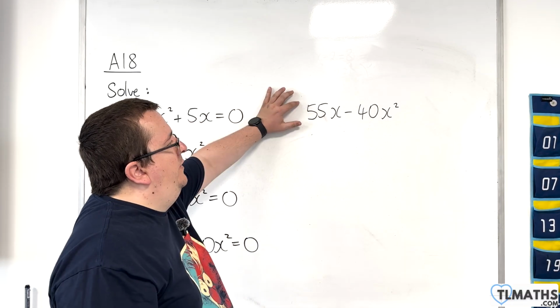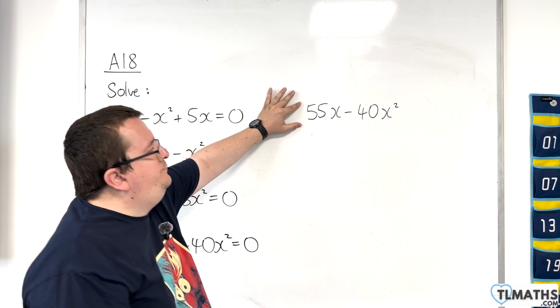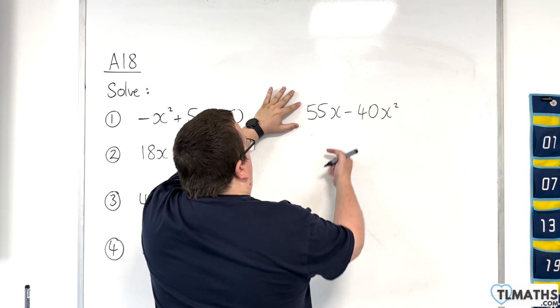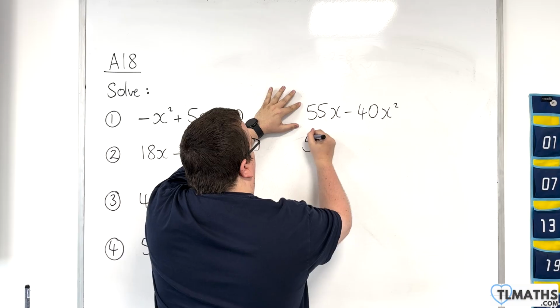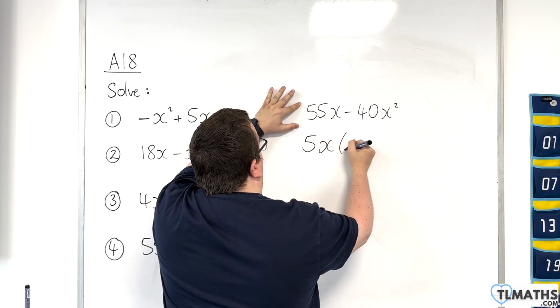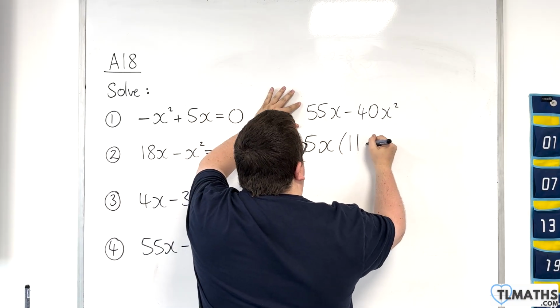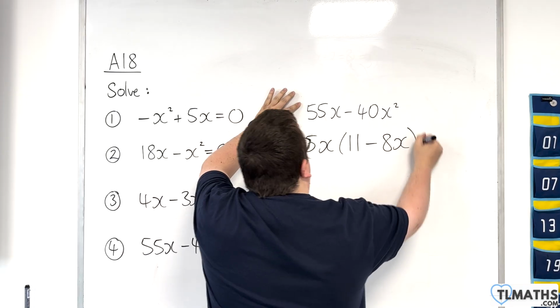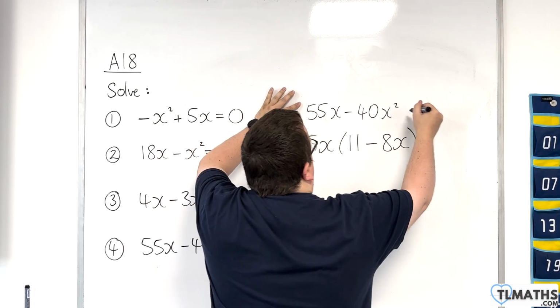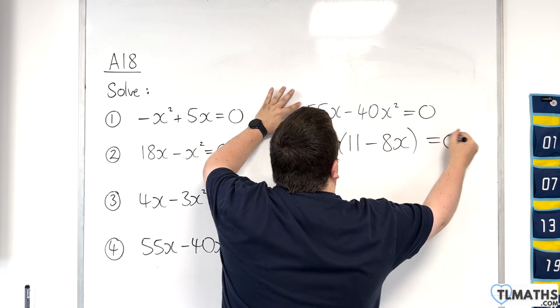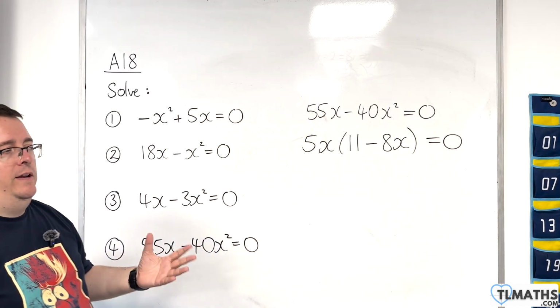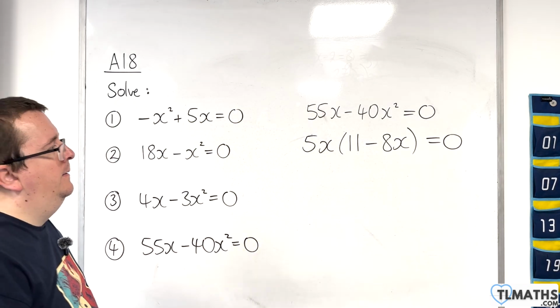If you had a part A that said factorise that, then yes, you would have to factor out 5 and x, and inside your bracket have 11 take away 8x. And then if part B was then hence solve it, then we're in a situation where we can solve the equation, okay?